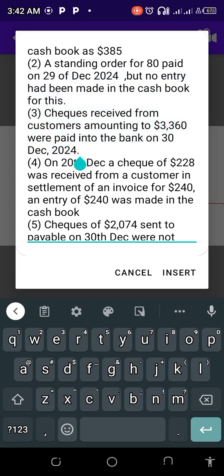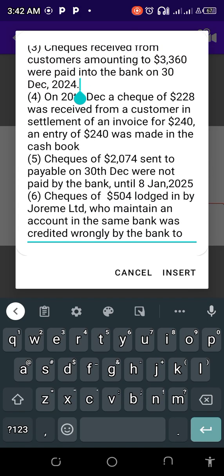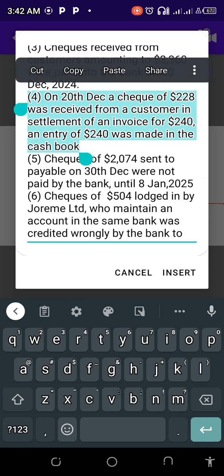Now number 4. On the 20th December, a check of $228 was received from a customer in settlement of an invoice of $240. An entry of $240 was made in the cash book.